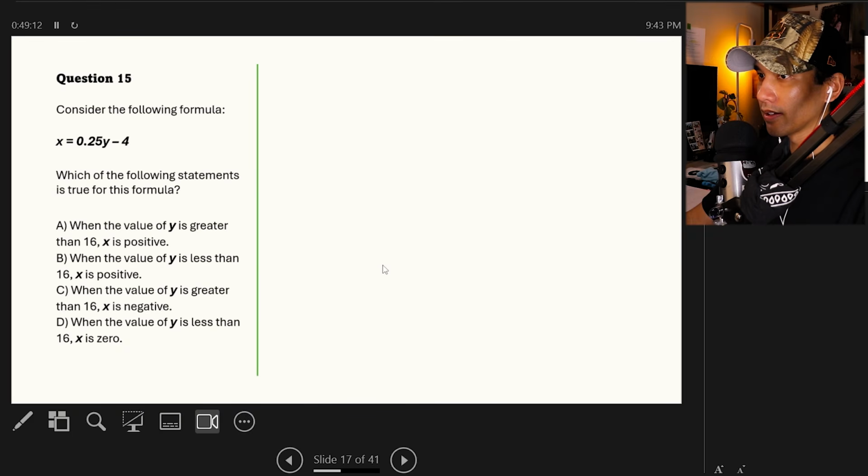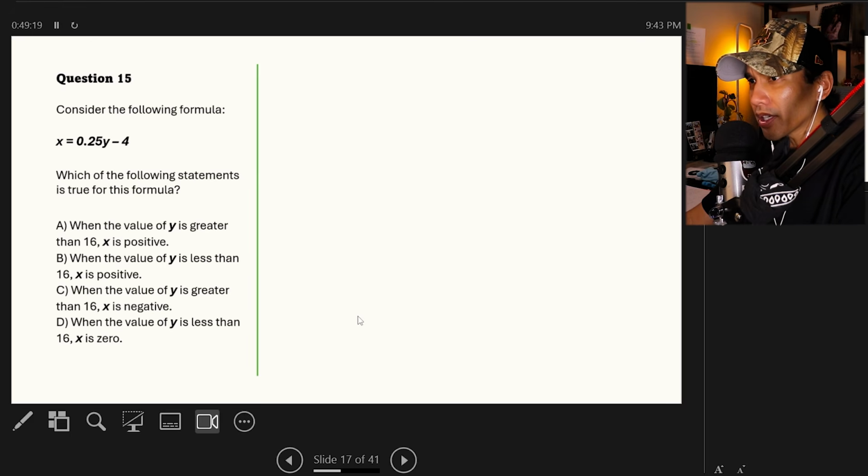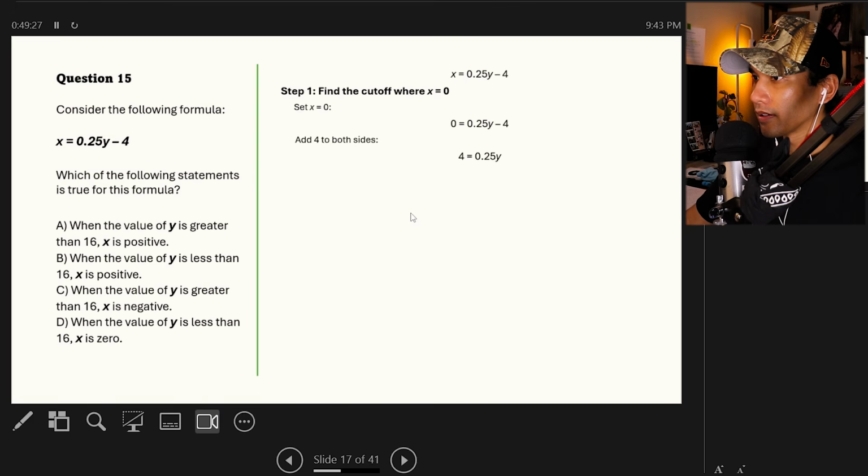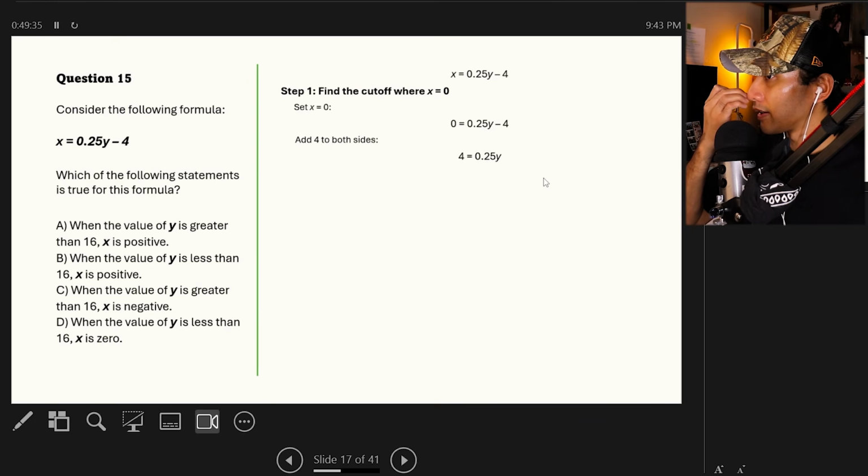Okay. Question 15. This is the same thing. I believe you could graph this though, but let's just see. Okay, so what we're doing is we're isolating, or I think we're finding where the cutoff is.